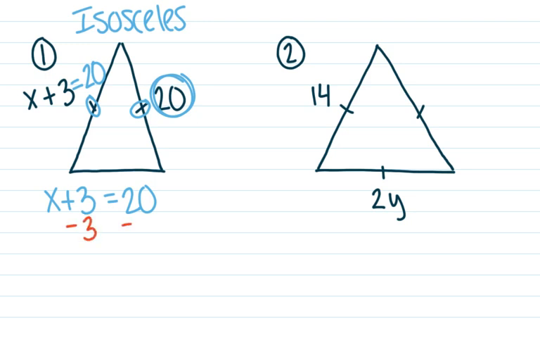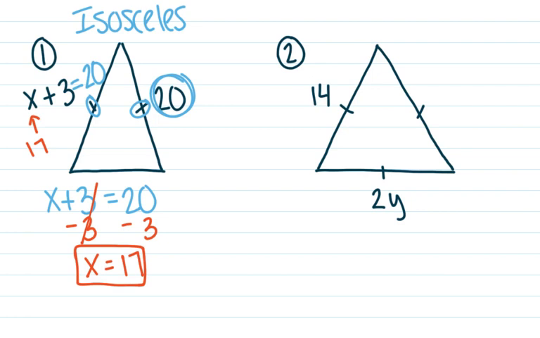I subtract 3 from both sides. These are going to go away, leaving me X, and 20 minus 3 is 17. So that tells me that the X right here needs to be a 17 because 17 plus 3 would give me that 20 that I need in order to make those two sides equal. So X equals 17 is the missing part of that side.